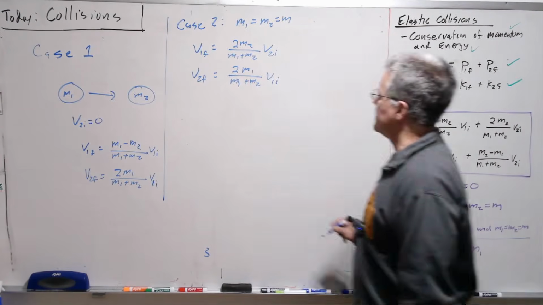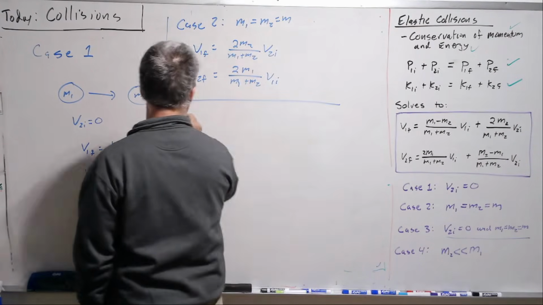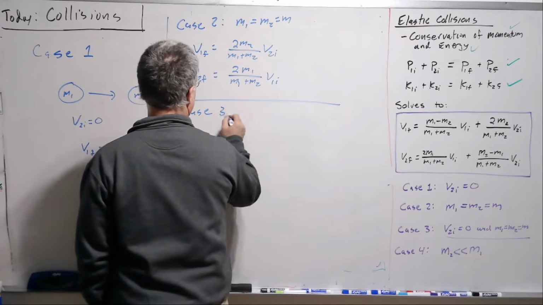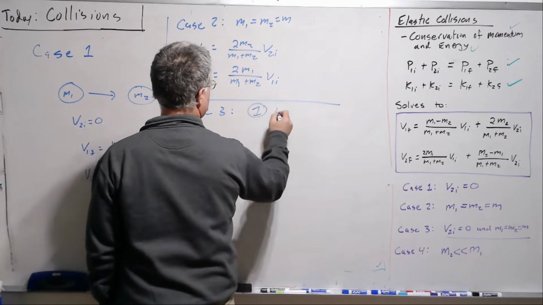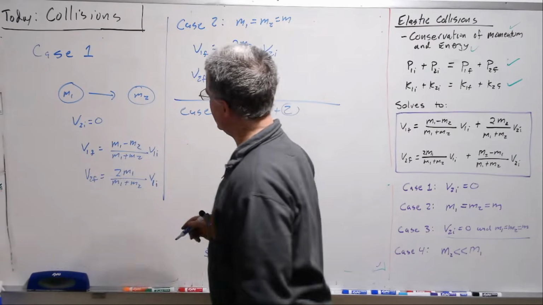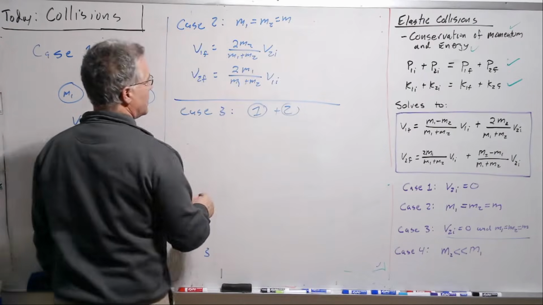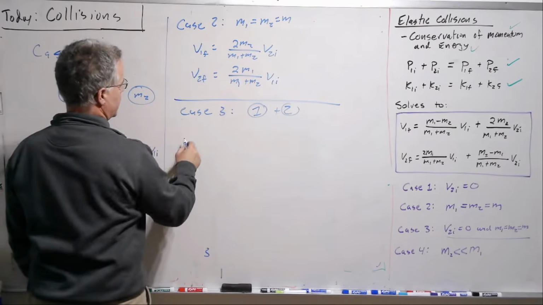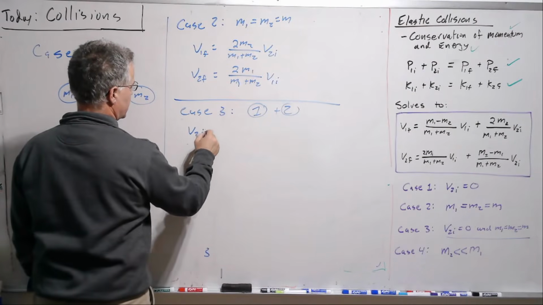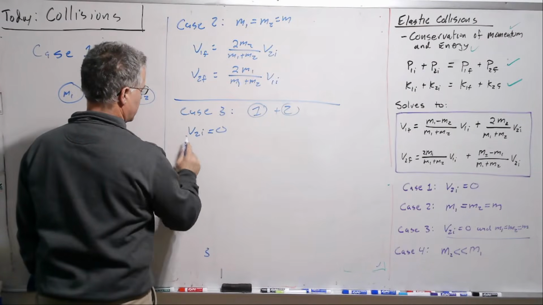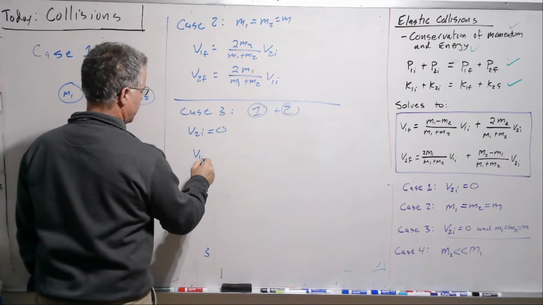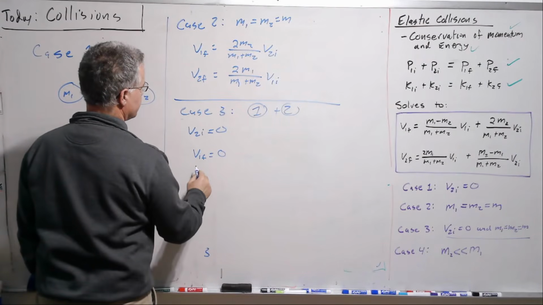Case 3, let's take that as case 1 plus case 2. So from case 2 we have this, and now we have V2 initial equals 0. So V1 final equals 0.